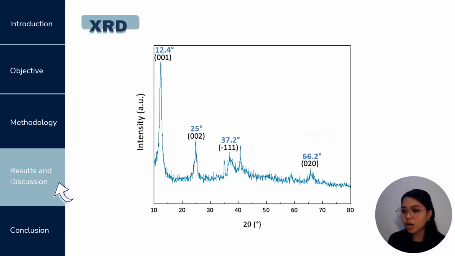We can see here 12.4 degrees, 25, 37.2, and 66.2, which correspond to these four planes. So it matches with JCPDS card 80-1098, which corresponds to the XRD plot for δ-MnO2, thereby signifying the successful formation of δ-MnO2.